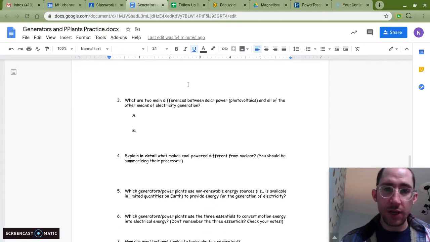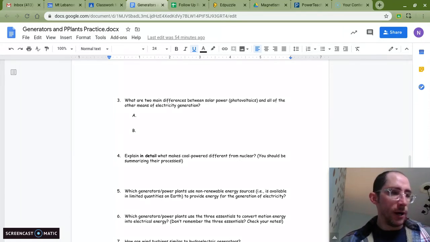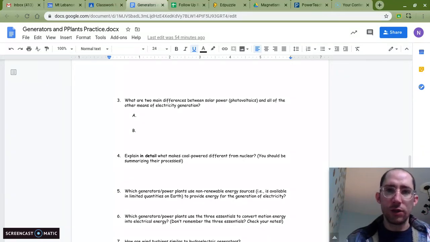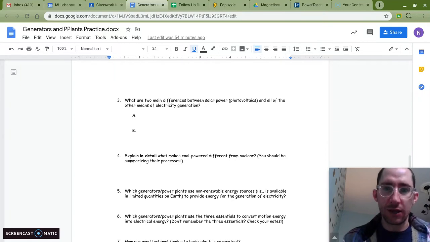Number three, what are the two main differences between solar power, photovoltaics, and all of the other means of electricity generation? Two main differences. Oh yeah, okay. So solar is the only one that doesn't have a turbine. It doesn't involve rotating wire through a magnetic field, which is what happens inside a turbine.